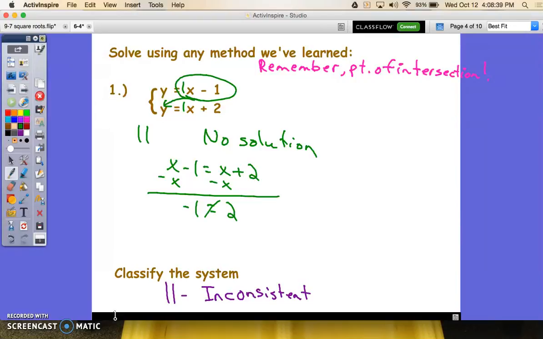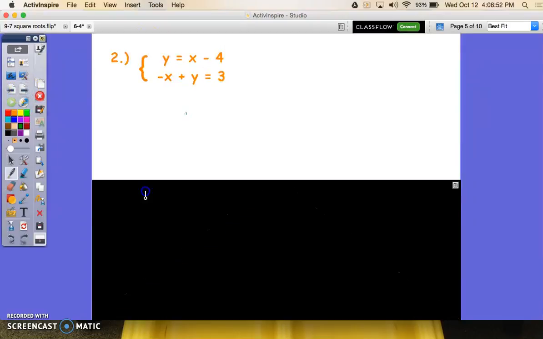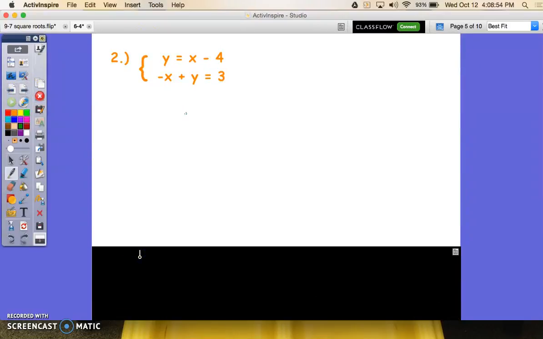So in my class, once you've noticed that the lines are parallel, you can simply say no solution, inconsistent right from there. Like I said, less work is actually more for me. Let's take a look at another one right here. Looks like a standard type of system, but whenever you add x to both sides here, you're actually going to notice that y equals x plus 3 and y equals x minus 4, once again, are parallel lines.